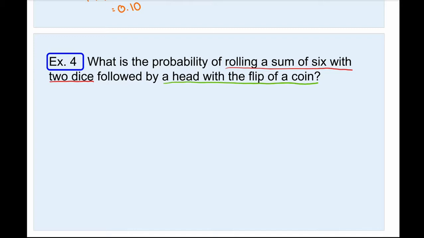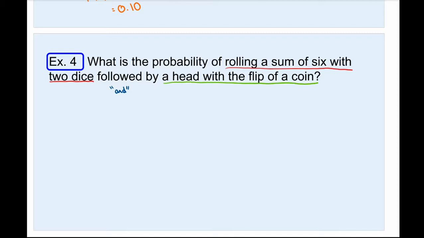This term followed by is referring to and, or is another way of saying and, because we're saying event A and, or followed by, event B. So we have to think, are these two events linked? Are they dependent or are they independent? Does rolling 2 dice affect the outcome of flipping a coin?